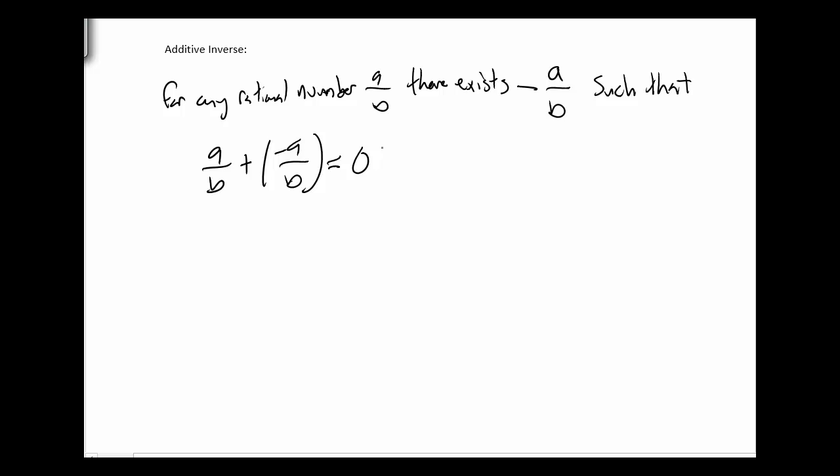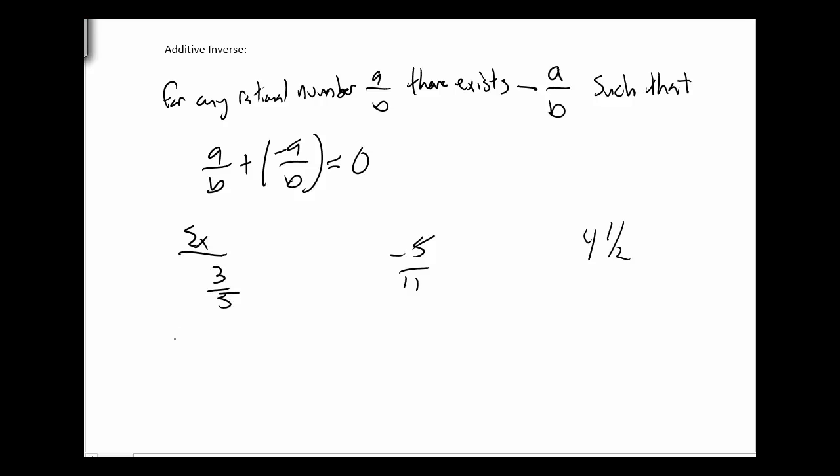Okay, so in other words, for any rational number that we have, we can find an opposite of it, and the opposite is defined as such that if we add it to it, we cancel it out. So for example, if I have 3/5 or negative 5/11 or 4.5, what would the additive inverses of those be?